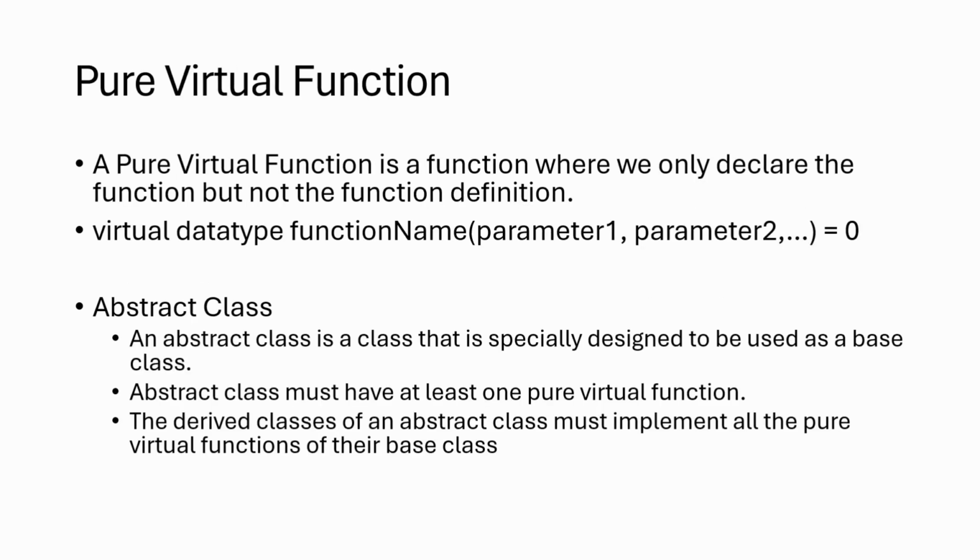A pure virtual function is a function that doesn't have an implementation at all. So from a code perspective, you'll have the keyword virtual in there, and then the data type, which is the return type, the function name, and you'll say equals to 0.